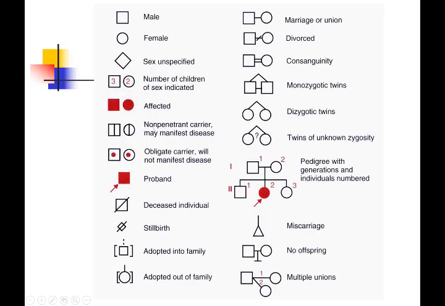A non-penetrant carrier may manifest disease, then you have a line in the middle of the symbol for the female and male. I will talk about this non-penetrant carrier later in the pedigree of the diseases. Especially it occurs in autosomal dominant disease that we may have this.